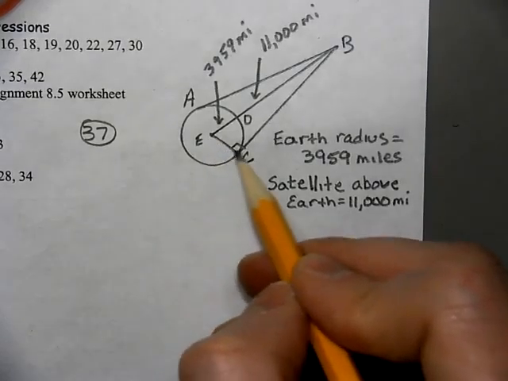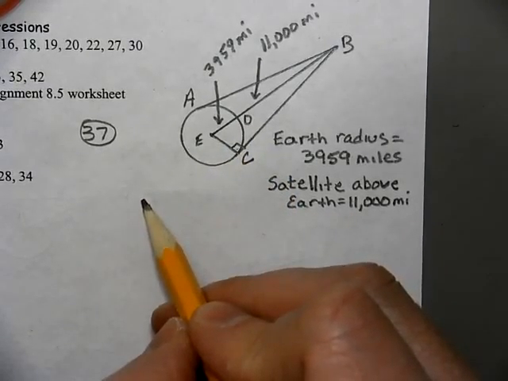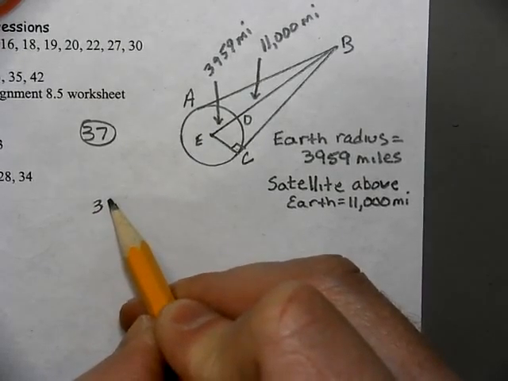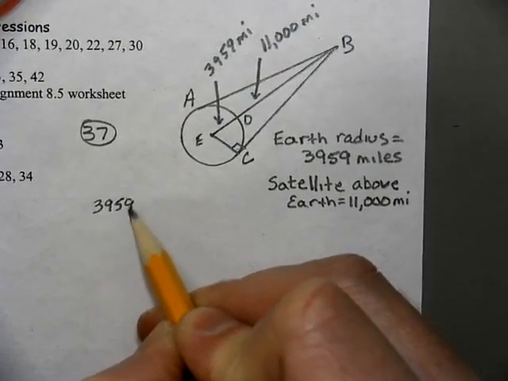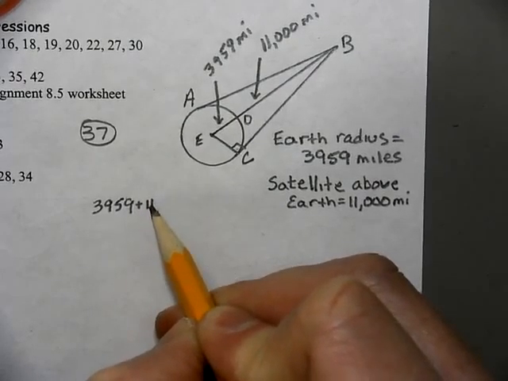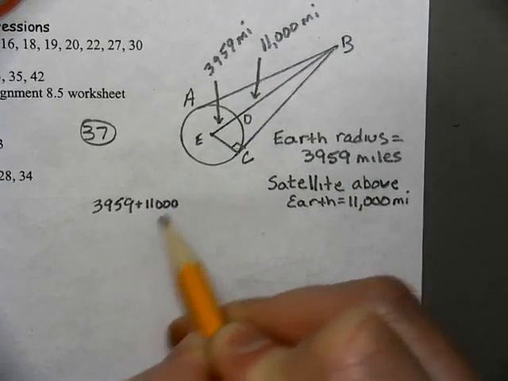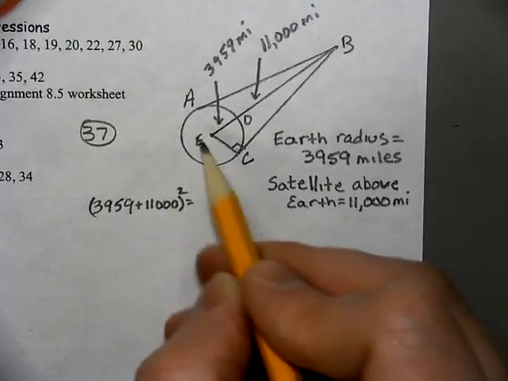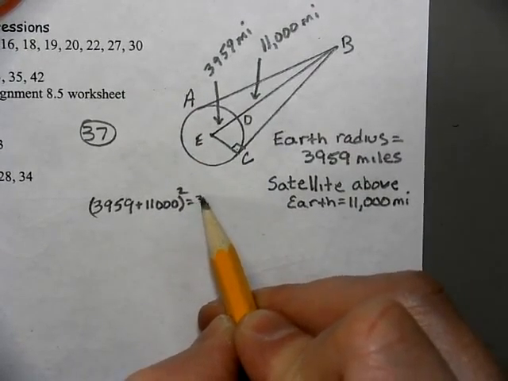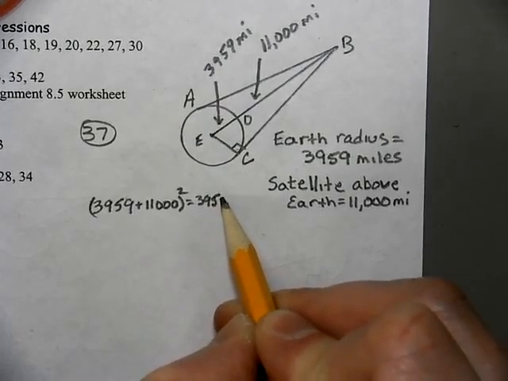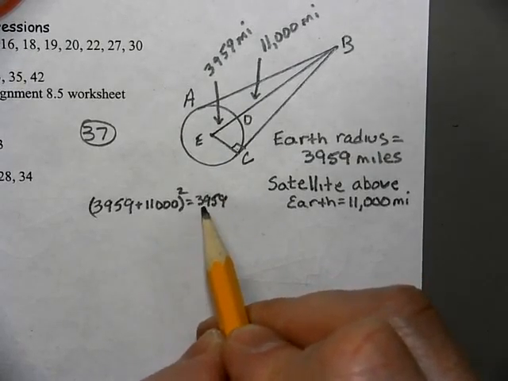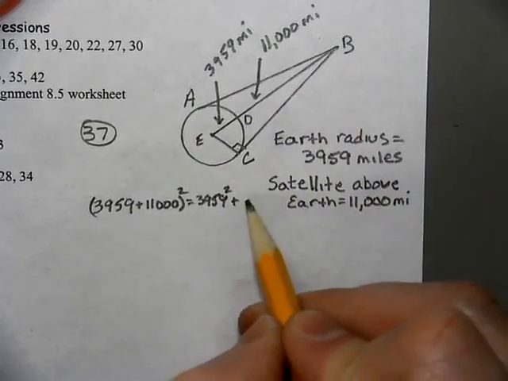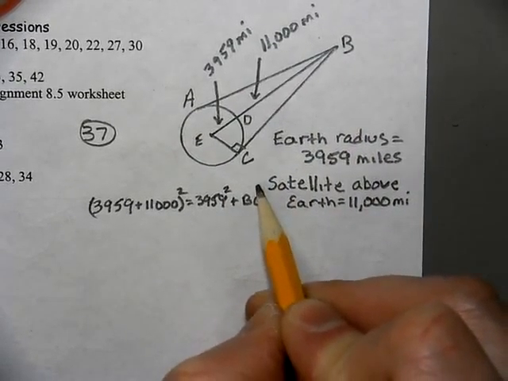So we're going to say that the hypotenuse, which is 3,959 plus 11,000, that quantity squared is going to equal the leg, which is 3,959 squared, plus this unknown, which is BC.